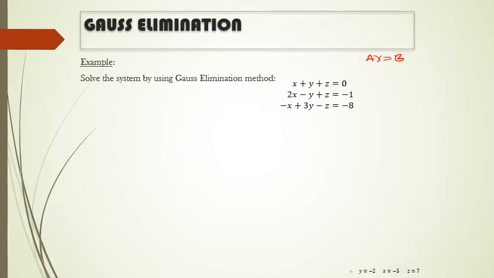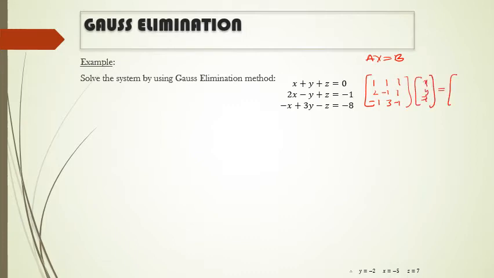So your A is the coefficients of x, y, z: 1, 1, 1, 2, negative 1, 1, negative 1, 3, negative 1. Multiply by x, y, z.